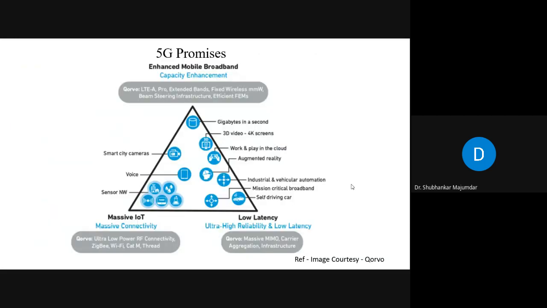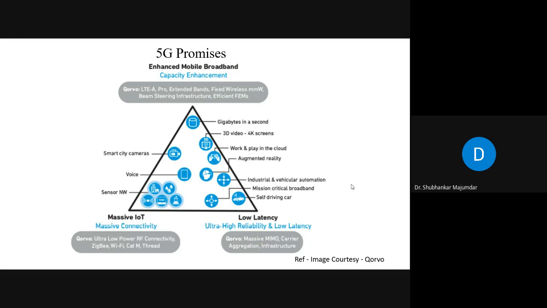Now, 5G promises much higher gigabytes. We can see 4K screens and play 3D videos. We can see augmented reality, which is very real, very much inclusive with virtual reality.